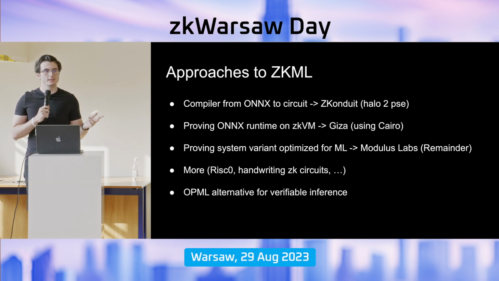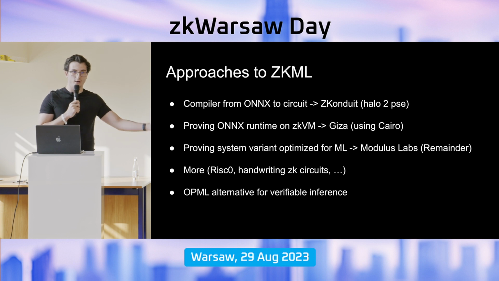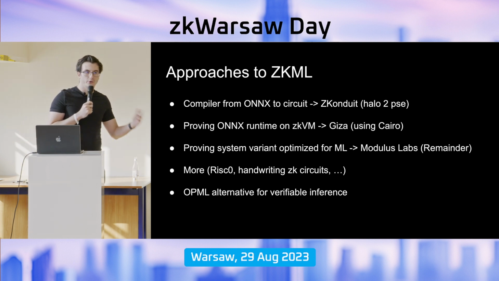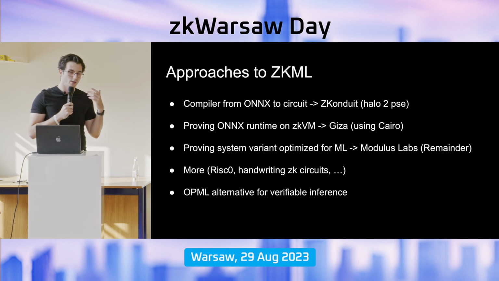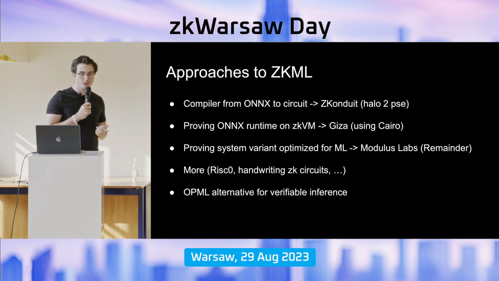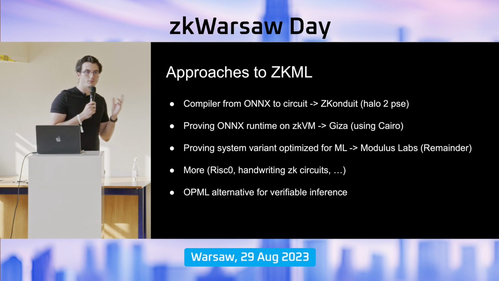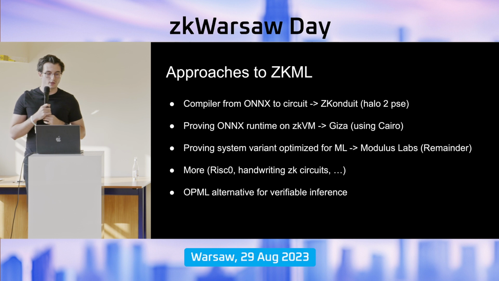They built a compiler that takes an ONNX file exported from some machine learning framework and outputs a Halo 2 circuit. They're using the Halo 2 fork from the Privacy Scaling Explorations group, and the interface is fairly simple. It's a CLI tool. I'm going to show a demo a little bit later.